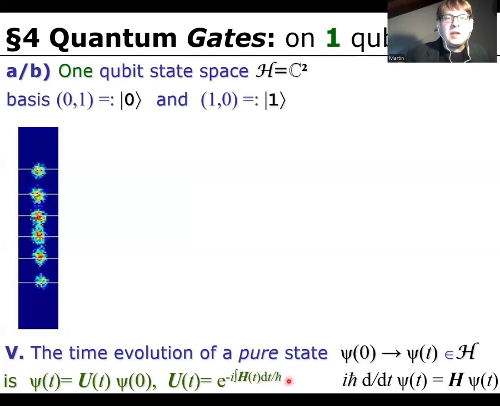That gives an important constraint for constructing quantum gates and quantum circuits, namely, they must be unitary, and in particular, they must be invertible. So all computation must be invertible, which is very different from classical Boolean circuits and Boolean gates, where of course the AND gate or the OR gate are not invertible.